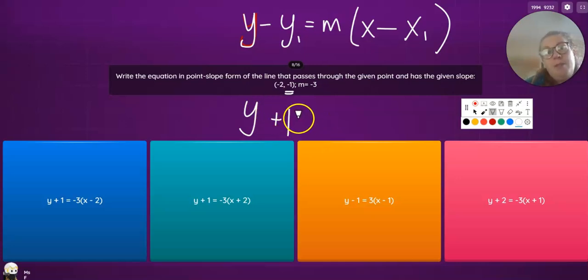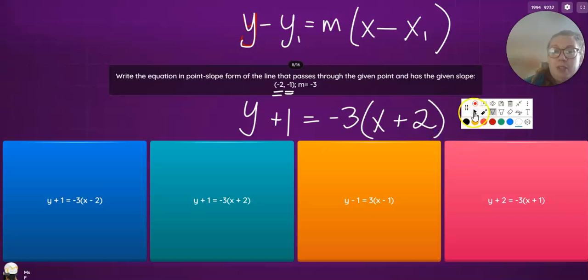We always do the opposite. Equals. Our slope is negative 3 times x. Our x is a negative 2. So again, we're doing the opposite. It becomes x plus 2. So we have y plus 1 equals negative 3 times x plus 2. Beautiful.